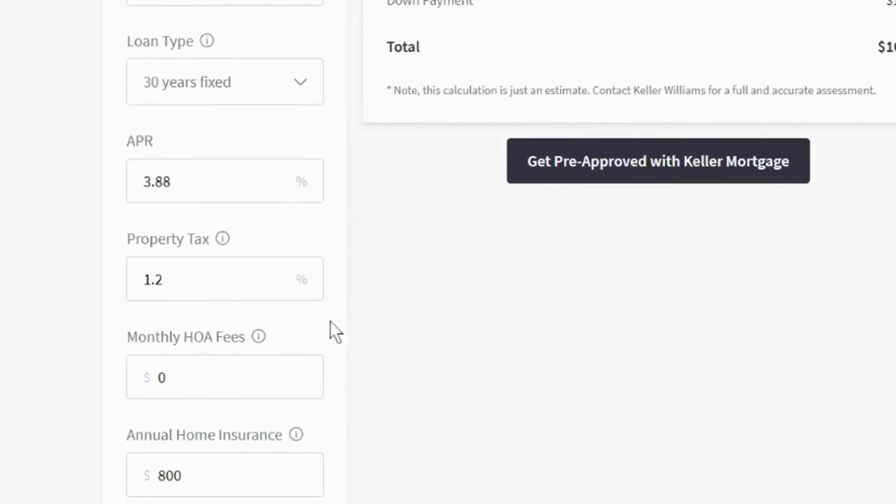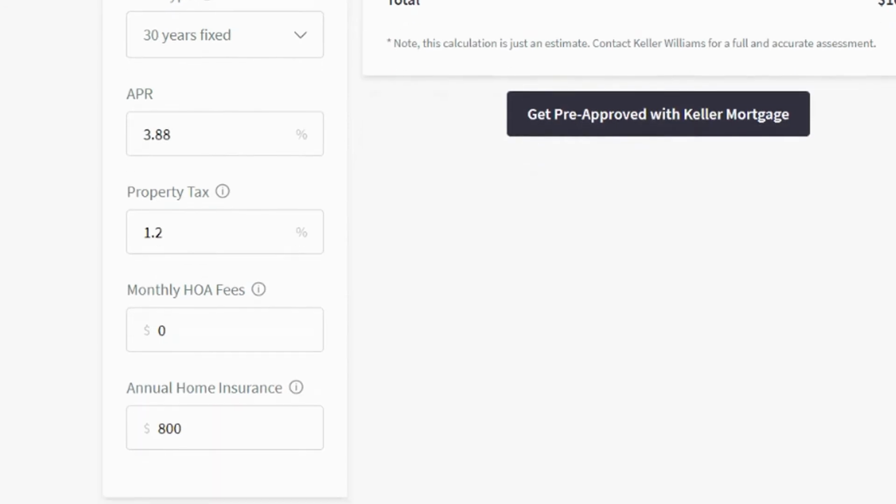Property taxes, it depends on the state and locality of where you live or plan to purchase a home. This is an assumption of 1.2%. And monthly HOA fees. So if you're thinking that you're going to purchase a home in an area that has an HOA, then you would estimate what that monthly HOA would be.